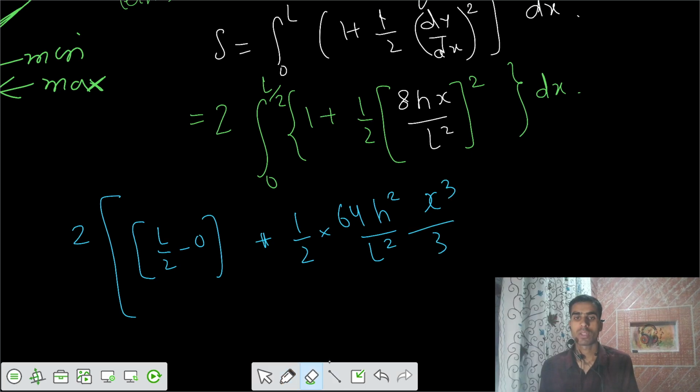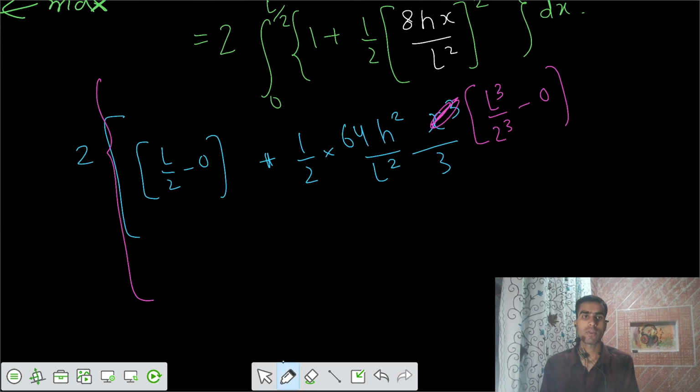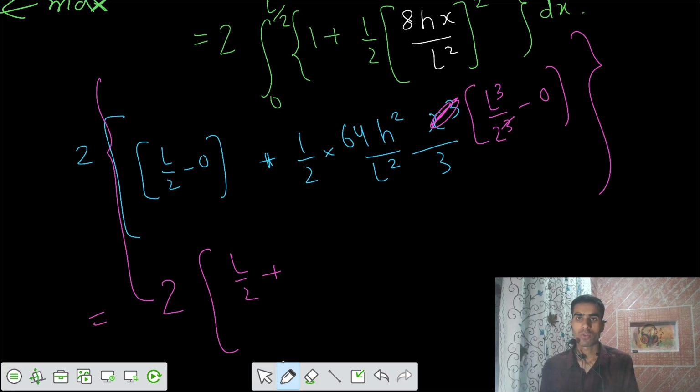And I substitute the limit for x cube as L cube by 2, 2s are 4, 2s are 8, 2 cube, minus 0. This 2 factor is for the entire part. And if I solve now, I would get 2 times L by 2 plus, what is this value? 2s are 4, 2s are 8.